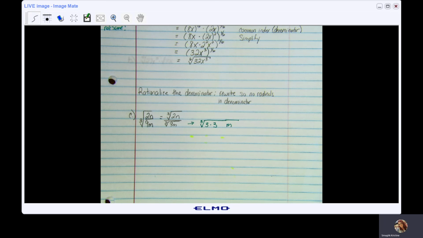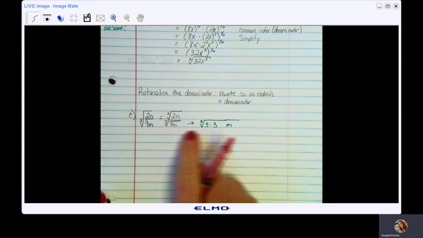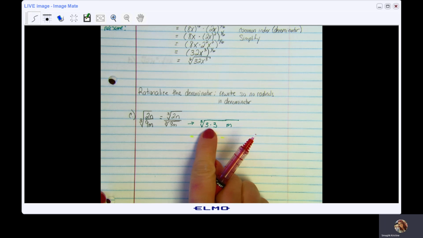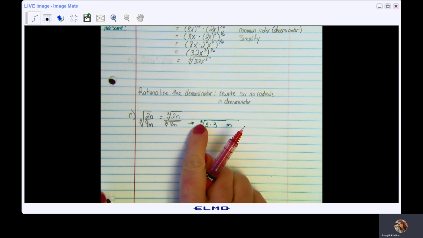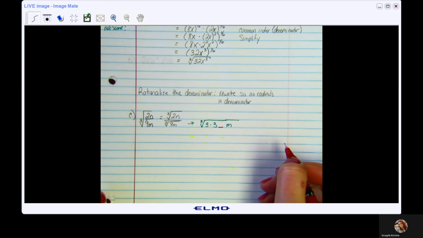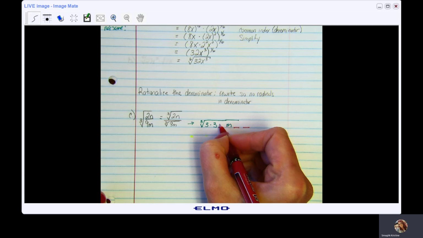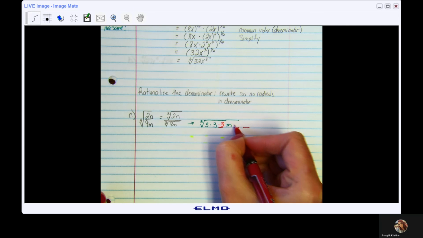I need to force this into a perfect cube. So what is missing? Remember, if you're looking at an index of 3, when you factor your radicand out, you should see the same factor repeated however many times are in your index. So I am missing a 3. I am also missing 2 m's.